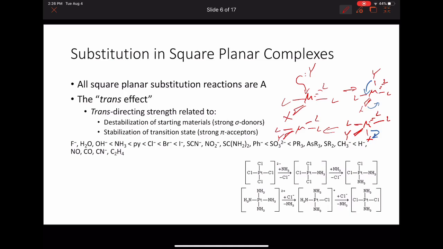We can predict the product that's formed from these systems then based upon evaluating the organization that we have here.